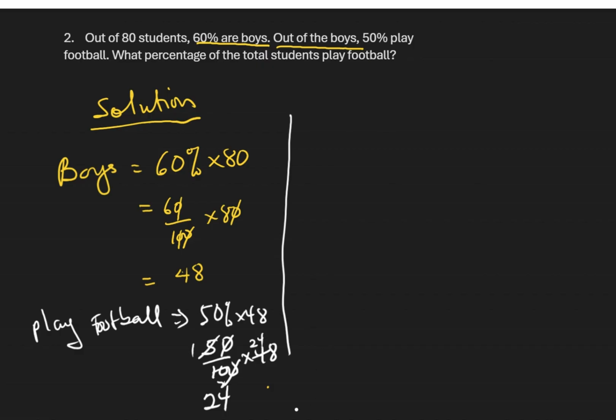Now let's answer the question. What percentage of the total students? Do we know it? No. So we can say X% of the total students. What is the total students? 80 play football.